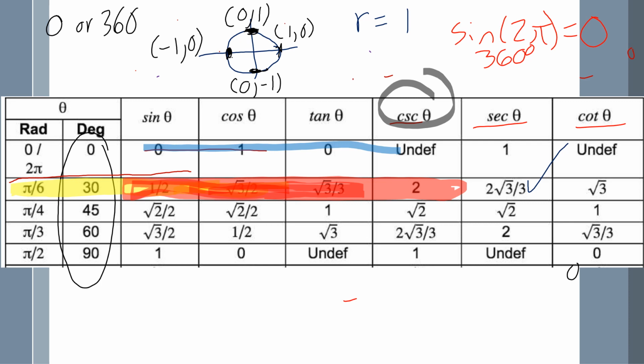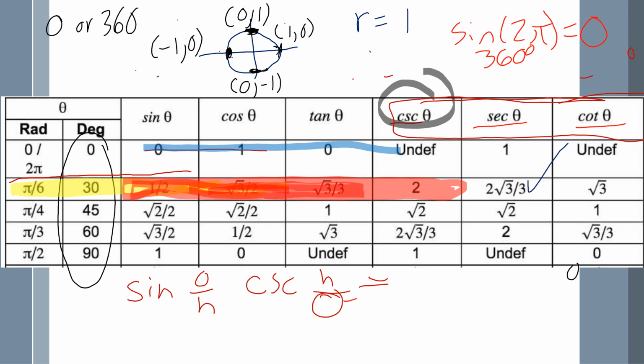So in this case, the reason why it is undefined is because cosecant, these three trig ratios right here, have no way of rewriting that. So we know that sine is opposite over the hypotenuse, and we flip it out as cosecant, which is the hypotenuse over the opposite. Cosecant is just another form of 1 over sine.